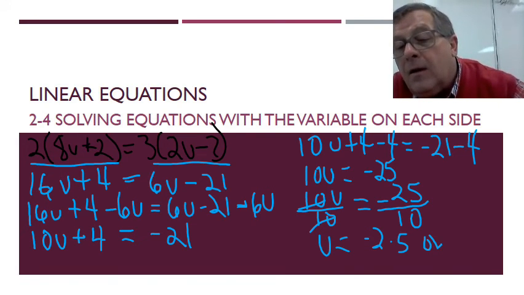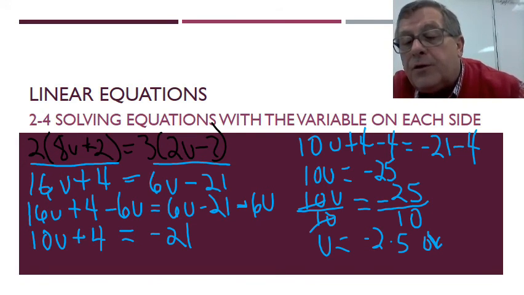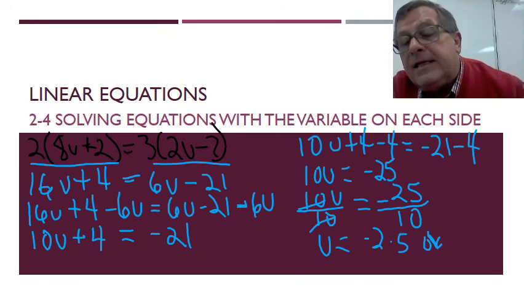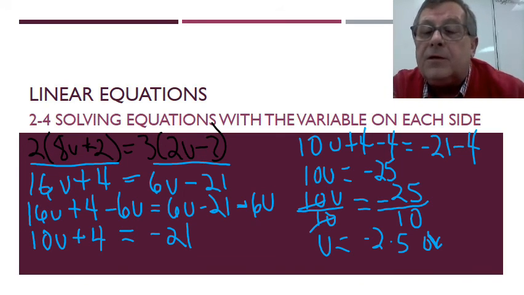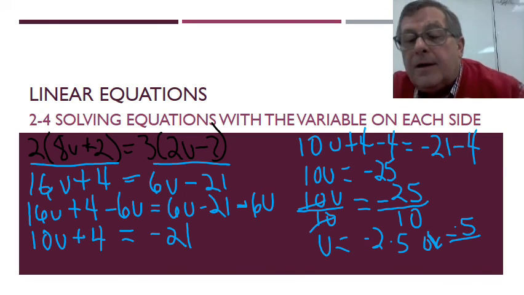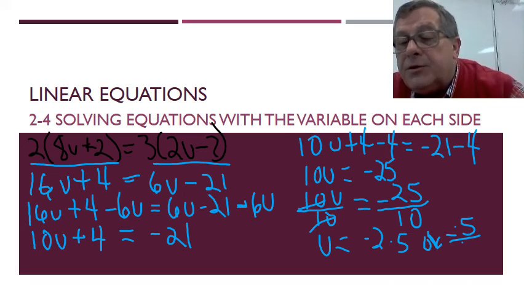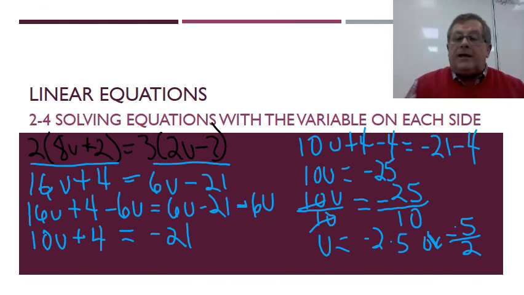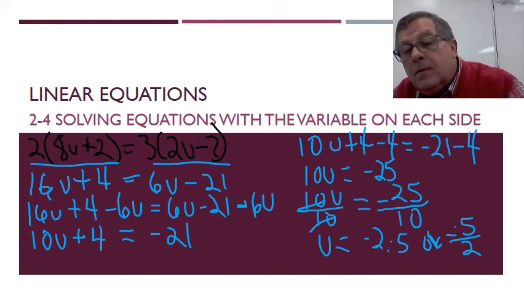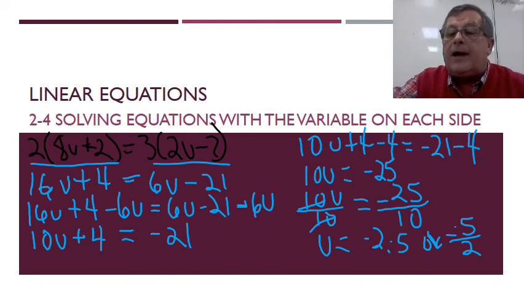Or if I left it as a fraction but then reduced it, negative 25 is divisible by 5, and 10 is divisible by 5. So negative 25 divided by 5 is negative 5, and 10 divided by 5 is 2. So my answer for you is negative 2.5, or I could leave it as negative 5/2.